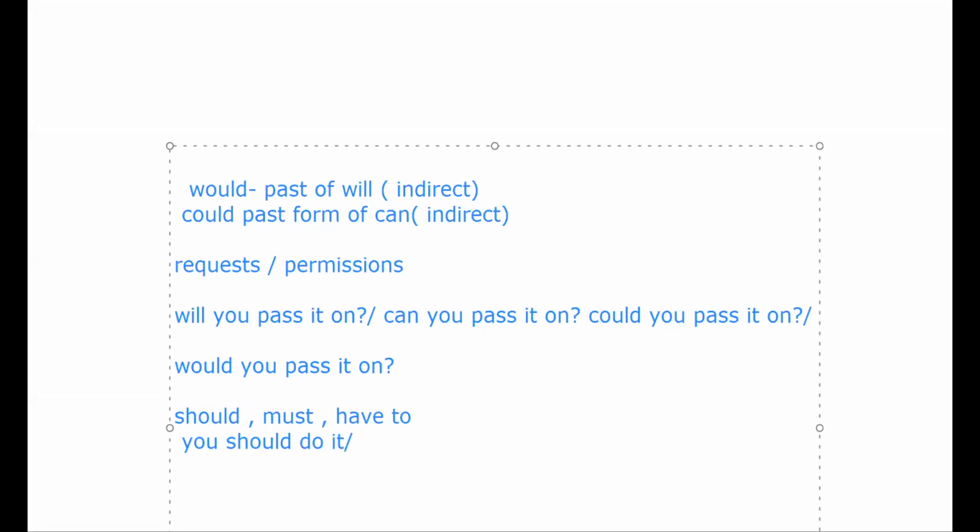You must do it. And you have to. See, I am only talking about the difference. When do I use this? When do I use this? When do I use this? Now, pay attention, guys.